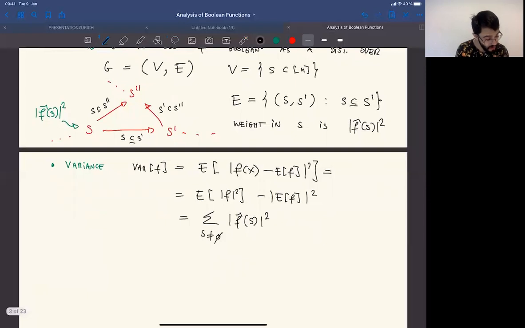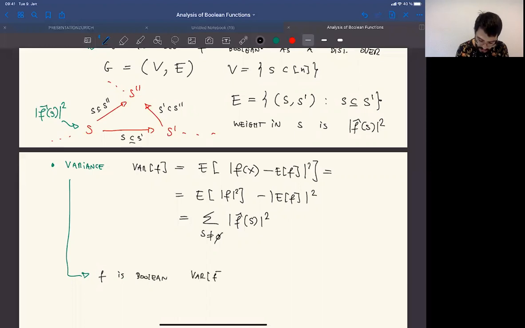So what happens if f is Boolean? Some things simplify when f is Boolean. For instance, what is the variance of f?